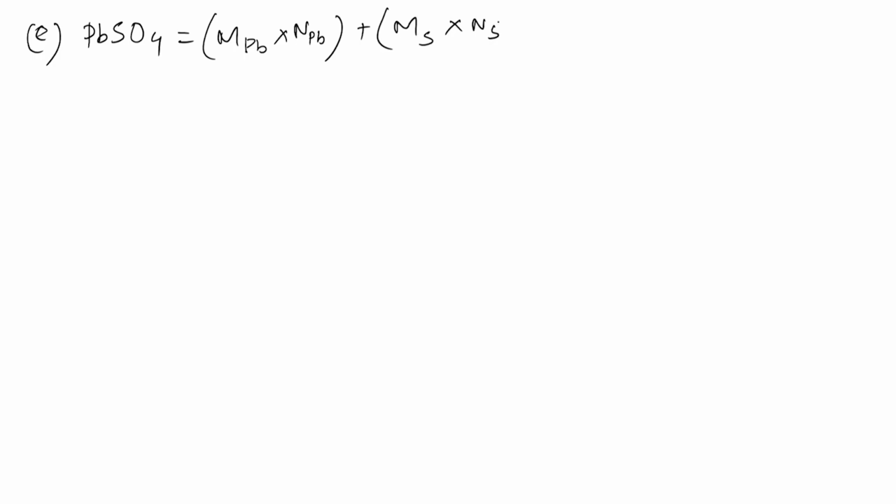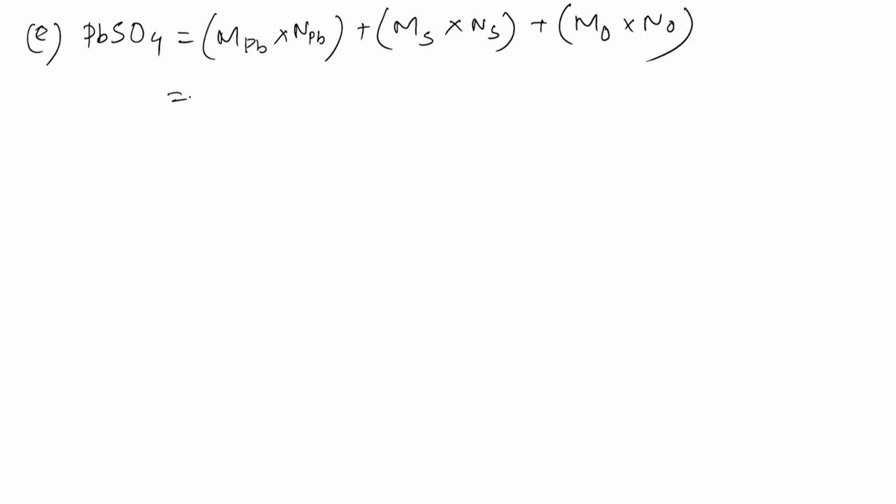Okay. The last one is lead sulfate, PbSO4. So this is equal to again mass of lead into number of lead plus mass of sulfur into number of sulfur plus mass of oxygen into number of oxygen.